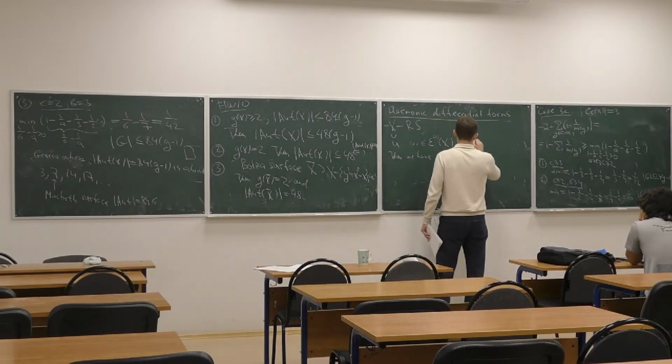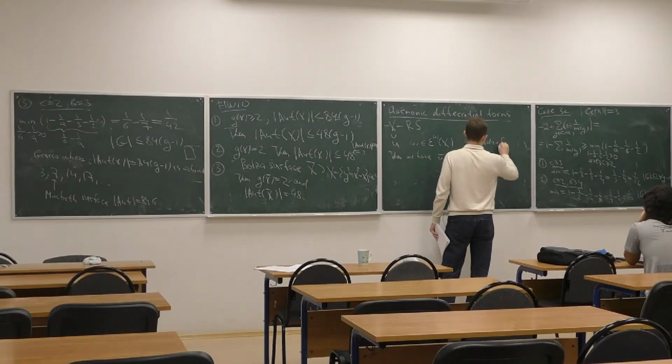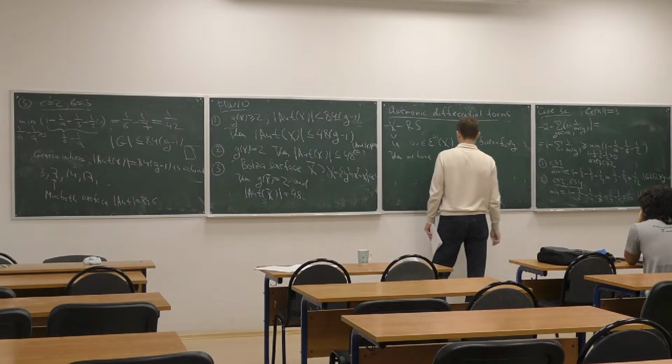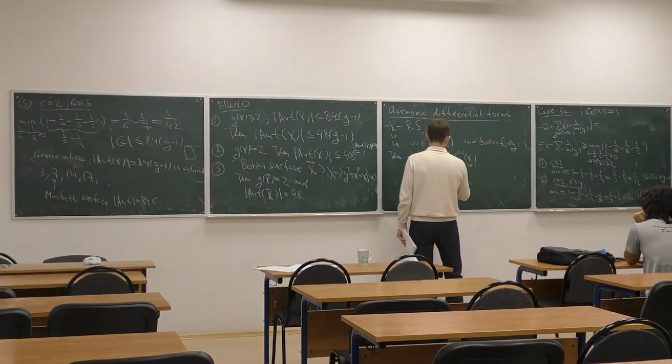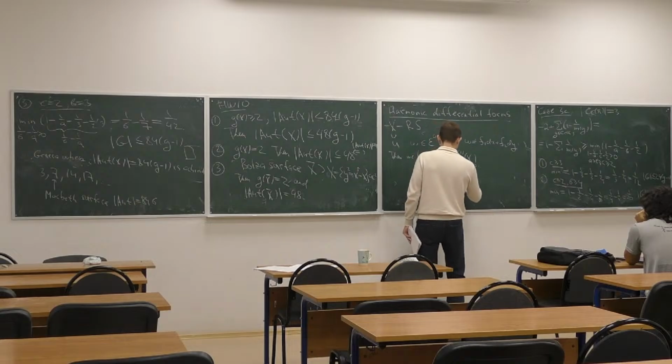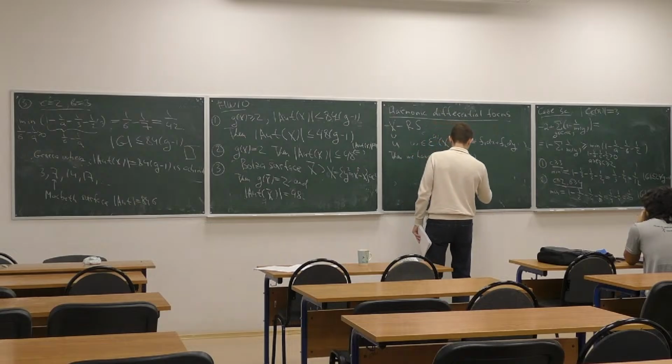So you can for example write omega as f1 dx plus f2 dy. Then omega bar is just f1 bar dx plus f2 bar dy.